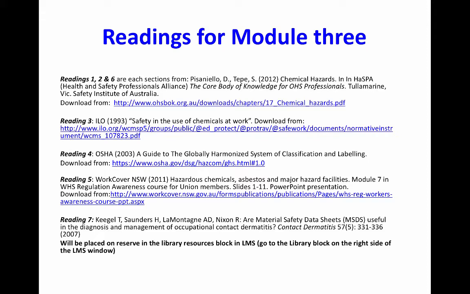Reading 5 is actually a set of PowerPoint slides from WorkCover New South Wales, so looking at hazardous chemicals, asbestos and major hazard facilities. And then reading 6 is a journal article by Kegel et al. And that will actually be placed on reserve in the library resources block in LMS. Now, to access that, you can go to the library block, which is on the right side of the LMS window when you first enter LMS.